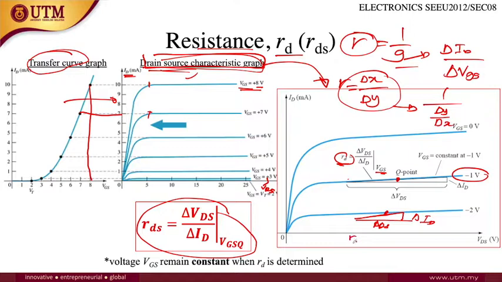So RD at this point is delta VDS over delta ID, when VGSQ equals minus 2. So the VGS value always remains constant when RD is determined.